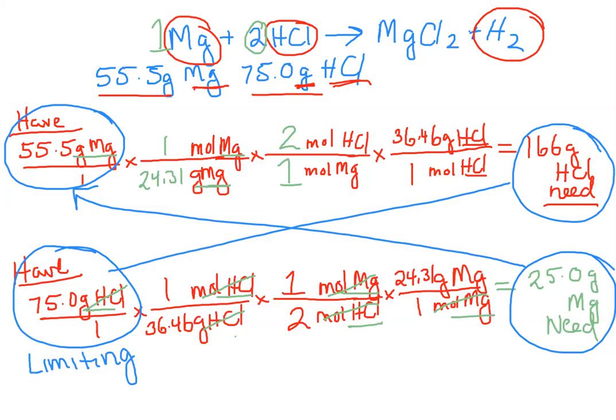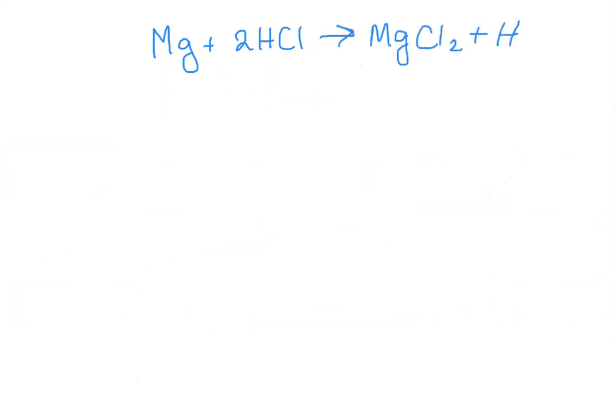So that's what we're going to use to find out how much hydrogen we have. Remember, that was the original problem. So let's look at the next step because we're not done yet. All we did was find the limiting reactant. Put our equation back here.